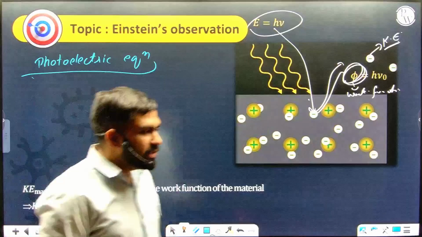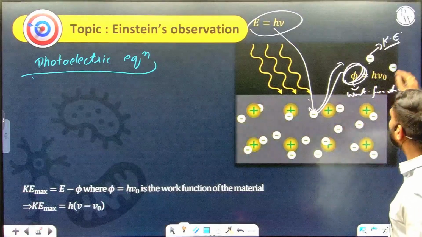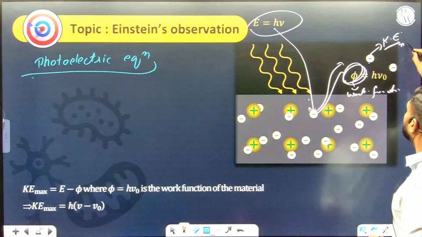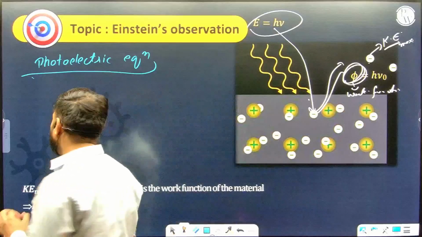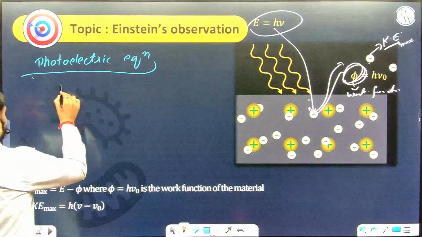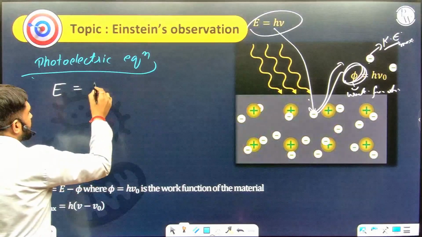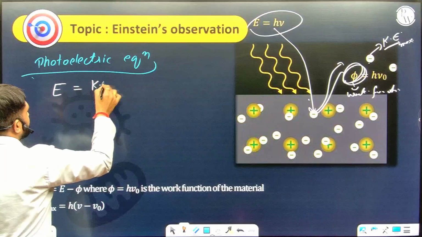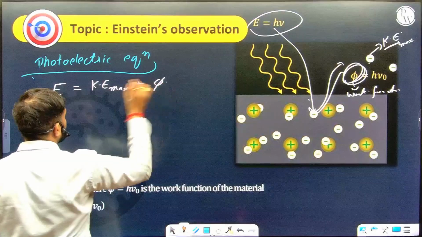But some of the lucky ones will get out of this crowd of ejected photoelectrons with the maximum possible kinetic energy, and we will call it Kmax. It did not suffer any collision. So considering that in mind, I can easily write that the energy supplied by the photon is transferred as some part Kmax and some part work function.